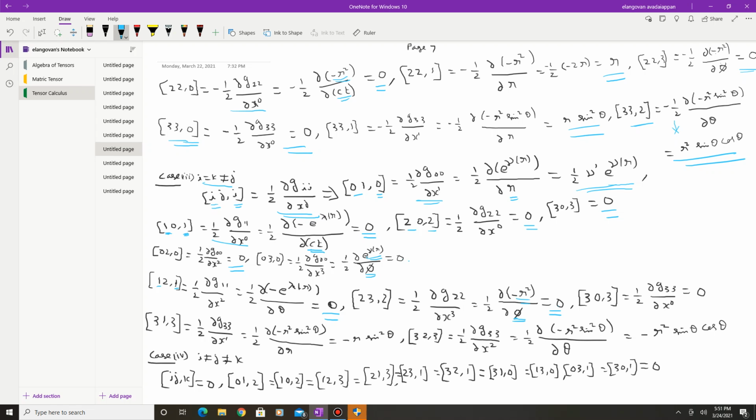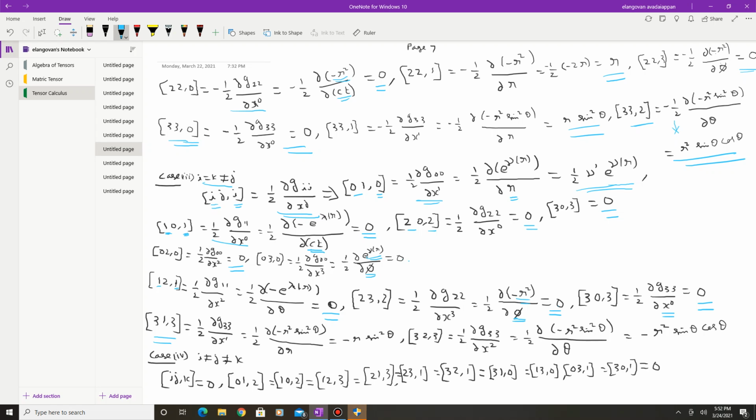3 0 3, half of partial d g33 by dx0. So x0 is ct, is time, and g33 is independent of time, therefore this result is 0. And 3 1 3. So by the definition, this is half into partial d g33 by dx1, which is half into g33, which is minus r square sine square theta, and the x1 coordinate is r.